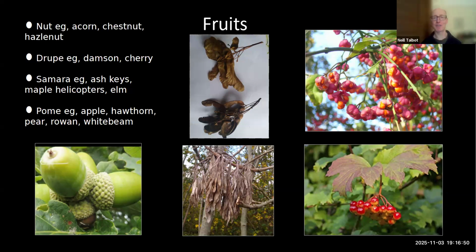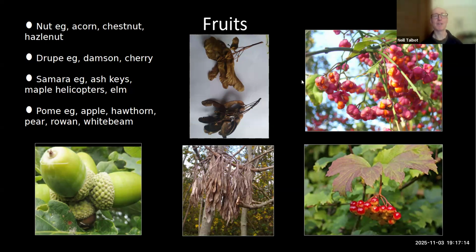So nuts, a lot of you will be familiar with things like the acorns on the bottom left. Then you'll get things like chestnut, either sweet chestnut or horse chestnut, i.e. conker, hazelnuts, things like walnuts as well. There's a lot of different nut species.